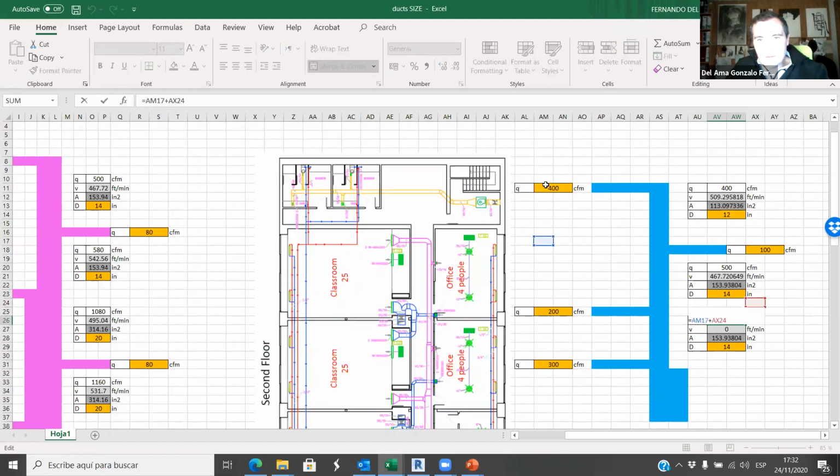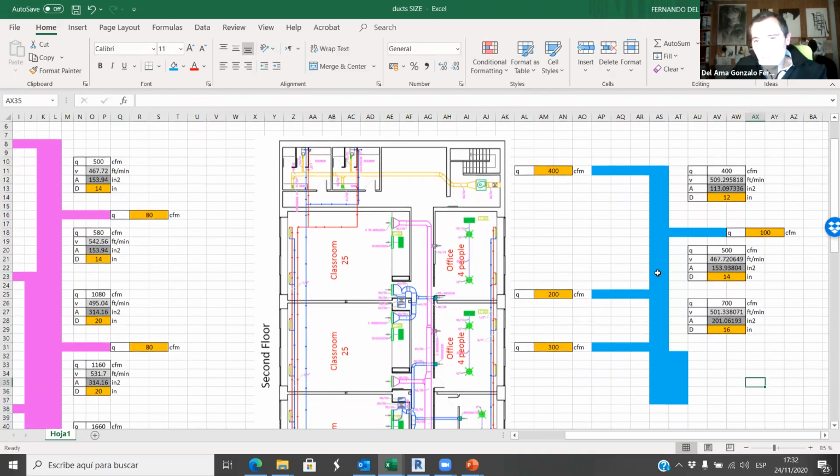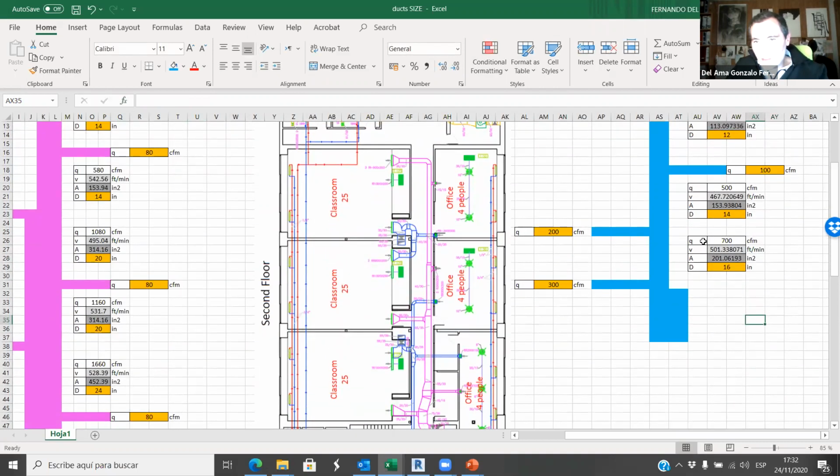So this is the first one plus the second one plus the third one. Okay, so this is the CFM, this is 600, it's too much. This can be 16.